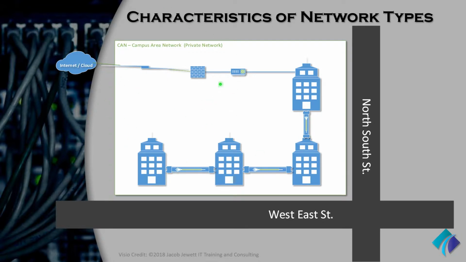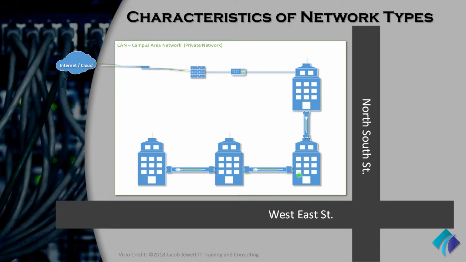So you may see in my diagrams, I have the internet connected to a firewall to a router outside of a building. Just assume that these firewalls and routers are actually within a building. And in this diagram here, you'll see that the buildings are actually connected via fiber connection from one building to the next.